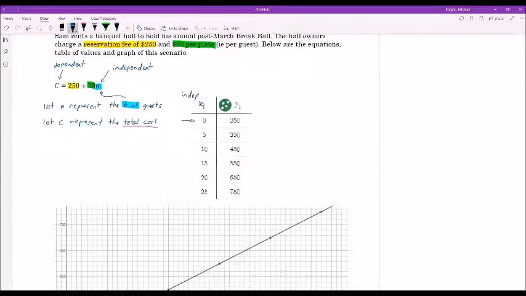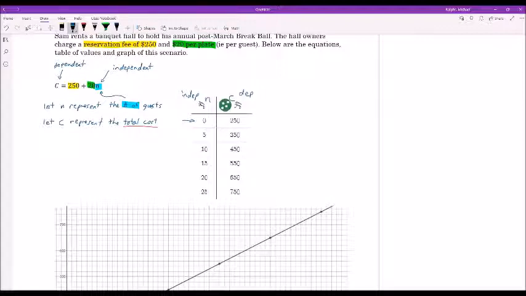So I'll delete that and put n. The dependent variable is going to be the cost. So not really 0 guests invited or attending, but before we take into account any of the guests, we have to pay $250.